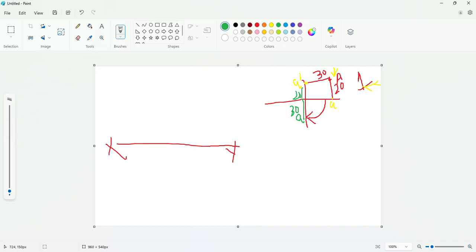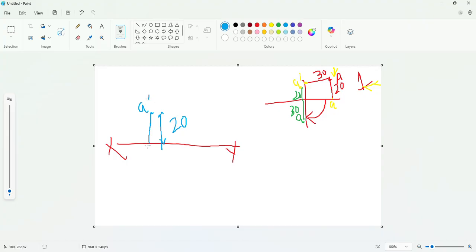So directly you can just copy this here to draw the projection of point A. From the reference line, mark the point above the XY line at a distance of 20 mm, and the front view is denoted by A dash.